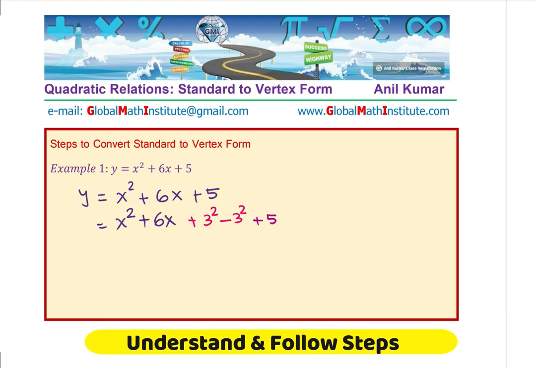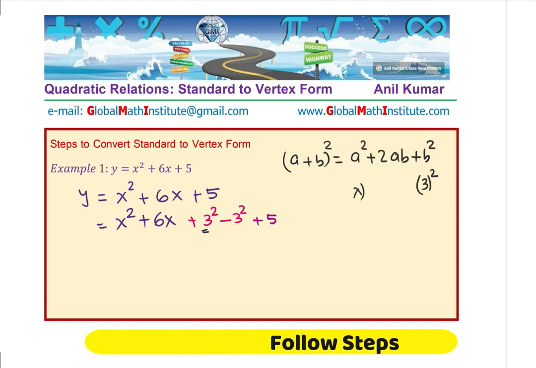Now this is a very important step, and in fact it gives the name completing the square. I hope you remember the formula: (a plus b) whole squared is a squared plus 2ab plus b squared. In this expression, b is 3, x is a, and the center term is 6.